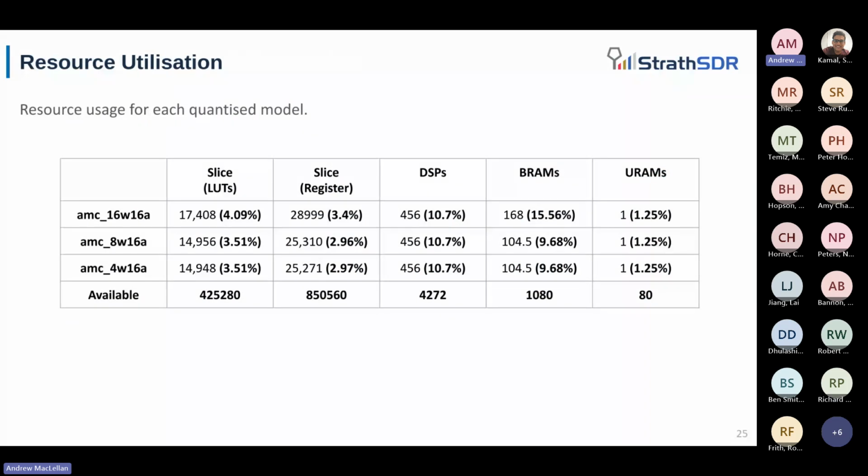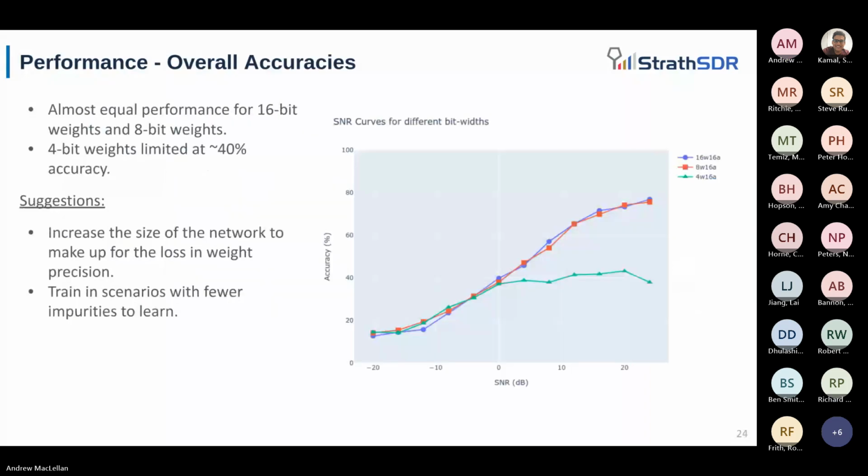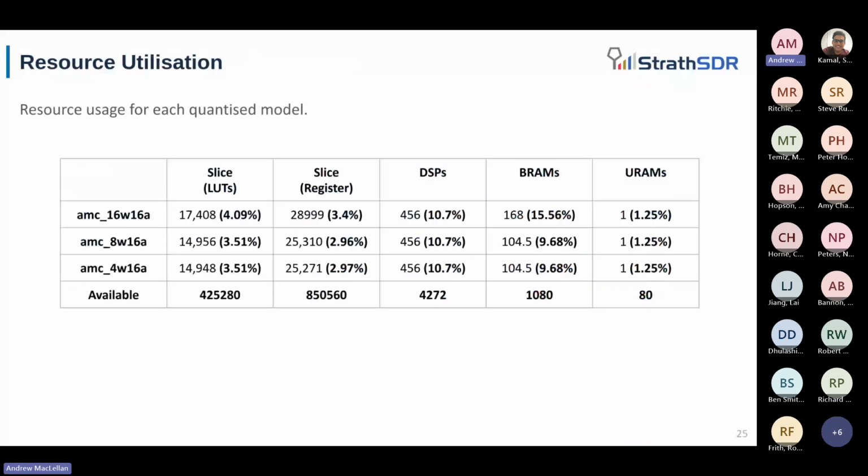So in terms of resource utilization, we saw that 8-bit weights and 16-bit weights are pretty similar. We see that the 16-bit weight model uses the most resources out of all three. Here, in terms of slices, they're pretty similar.